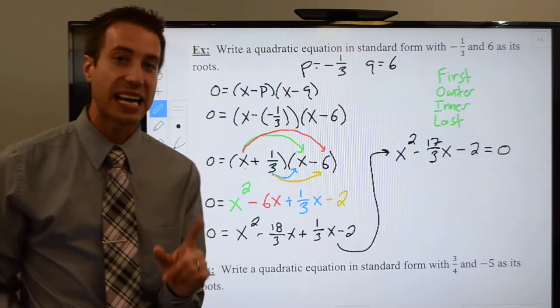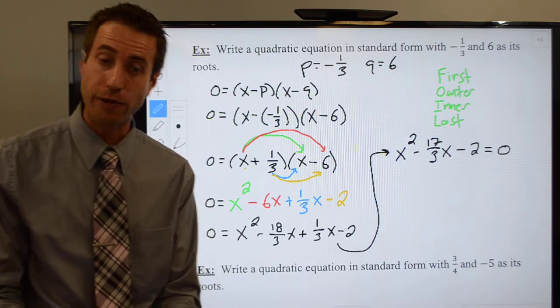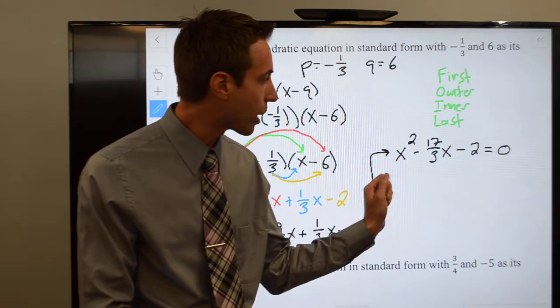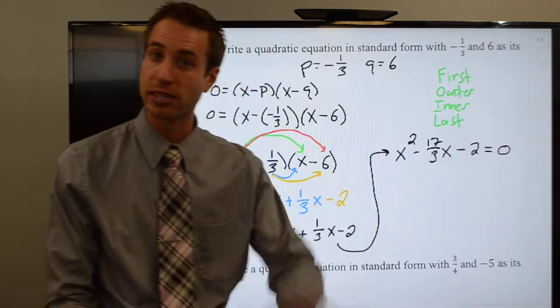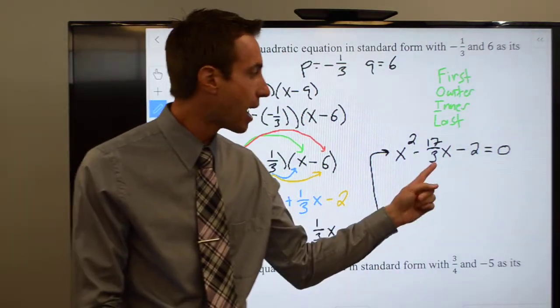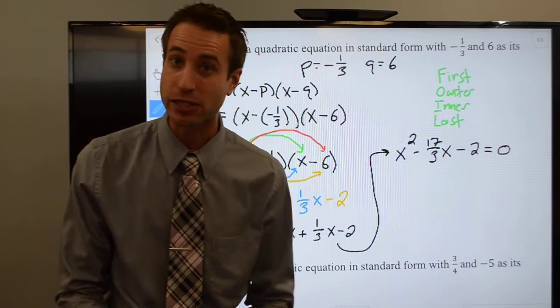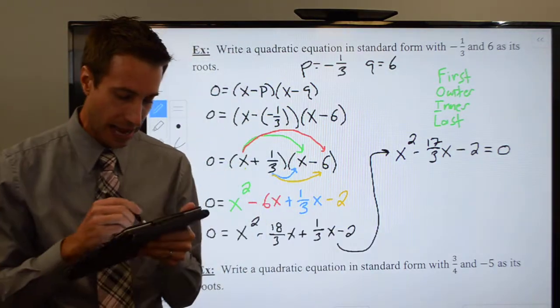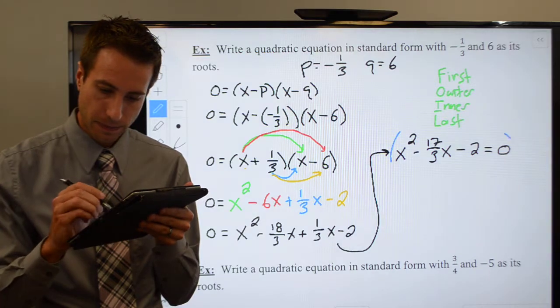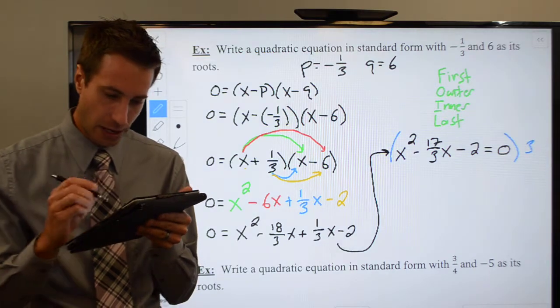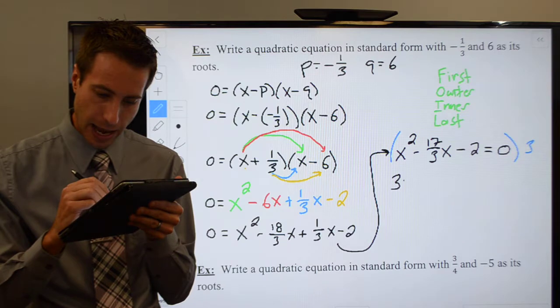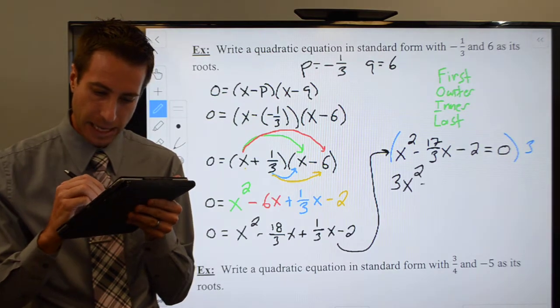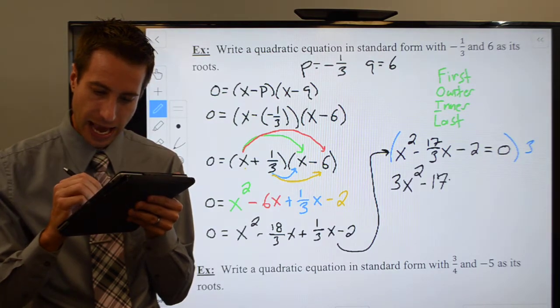And now the last thing I need to do to get this into standard form, right? Remember, it's ax squared plus bx plus c is equal to 0. So I got it in the right order. But my a, my b, and my c have to be integers. So I got to get rid of that 3. And I'll do that by multiplying everybody by 3. So I wind up with 3x squared minus 17x.